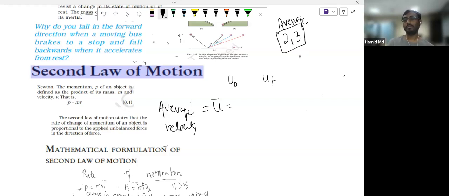Have you read average in mathematics? How do we find the average?